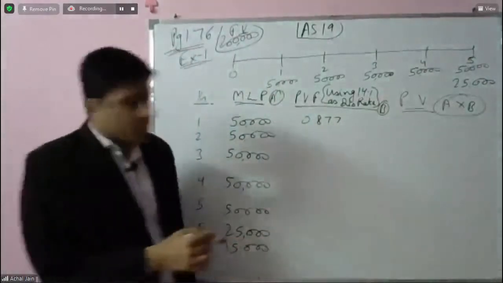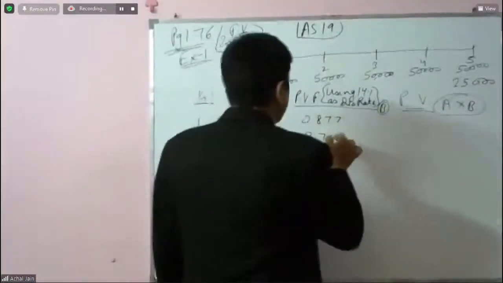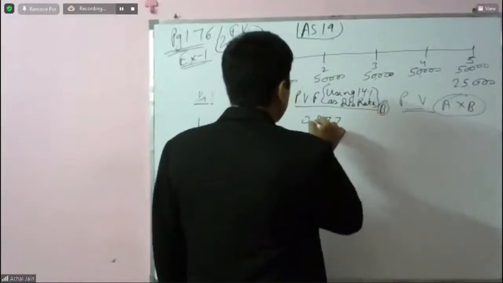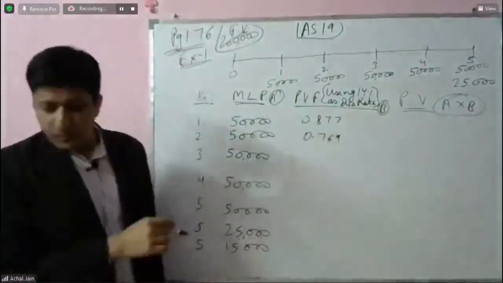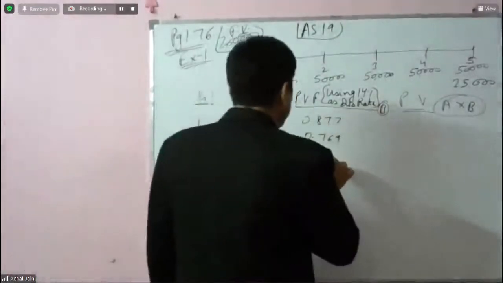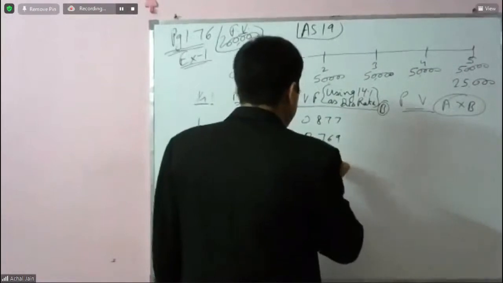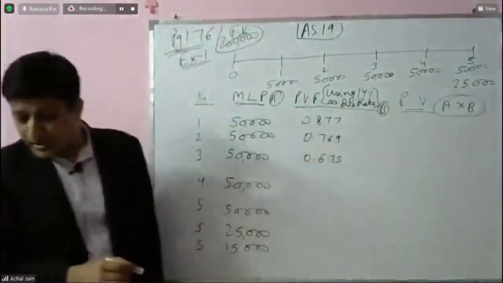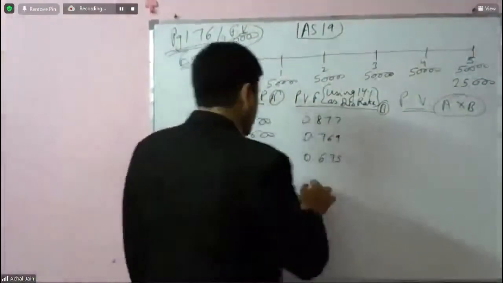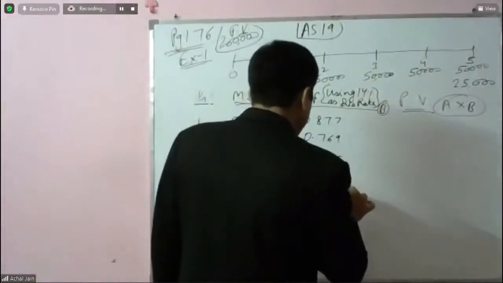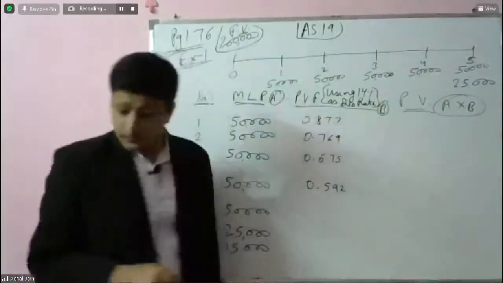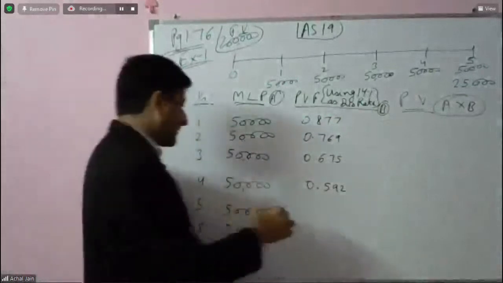Then we have 0.769. Then we have 0.675. Then we have 0.592. Then we have 0.519.